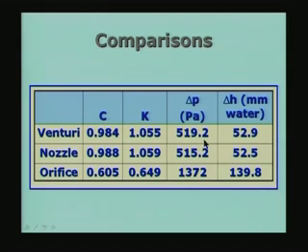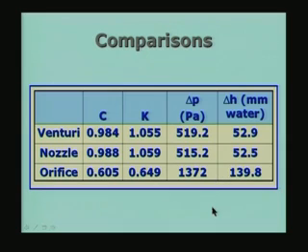Simply you have to divide by 9.81 and you get 52.9 for the case of Venturi, 52.5 for the case of nozzle, and 139.8 for the orifice plate. So the orifice plate indeed gives you the biggest measurable effect of delta P. That means that it is the most sensitive in terms of the amount of pressure drop you are going to get for a given condition.